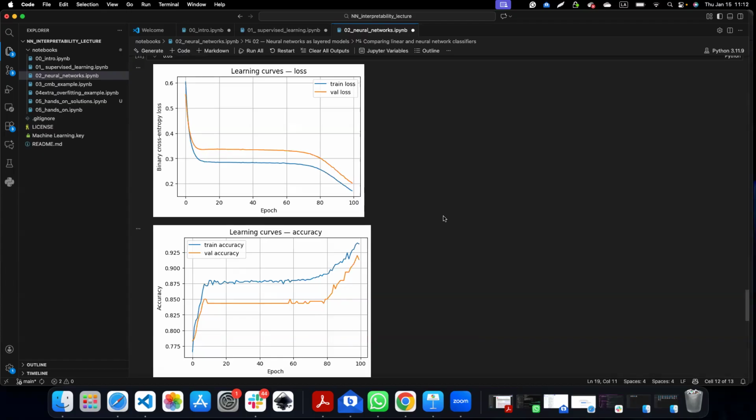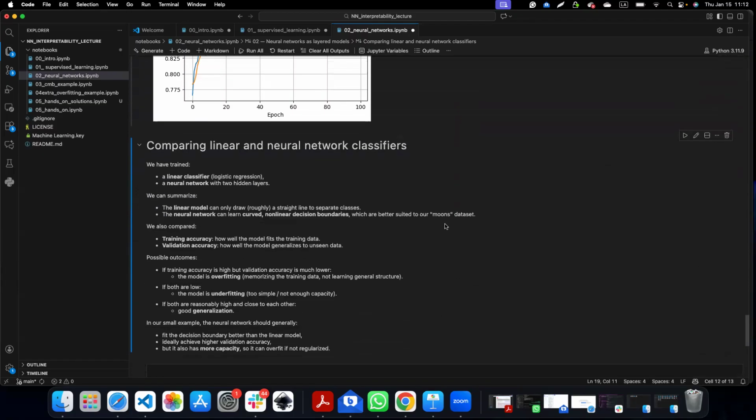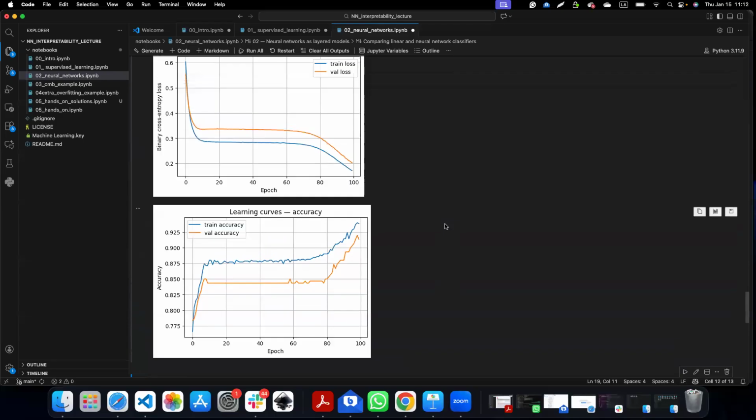You can also see the same reflected in the accuracy: it starts to go up, then we get trapped in some minimum, and then we get out of it. So we kind of reach 1, let's say. This is more or less how you understand whether you are trapped in a local minimum or not. And okay, that's it for the neural network part.